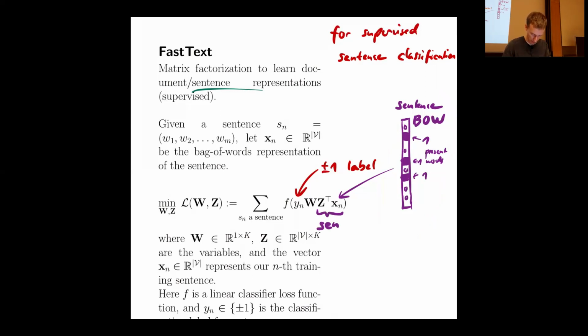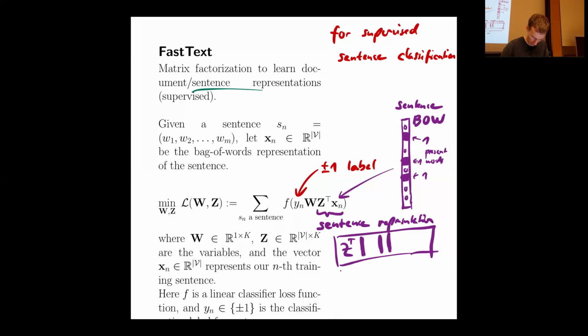So what is this Z matrix? That's the question now. The Z matrix has a column for every word. So it's quite big, because there are lots of words.